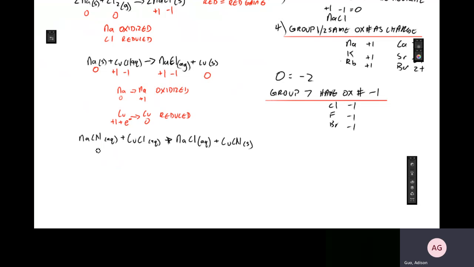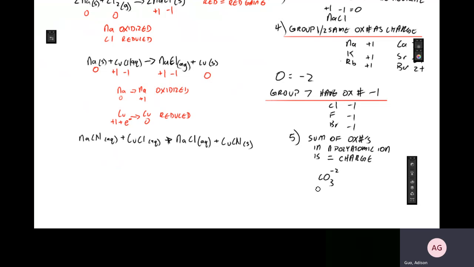But another rule that I kind of forgot to write down is that the sum of oxidation numbers inside a polyatomic ion is equal to the charge.